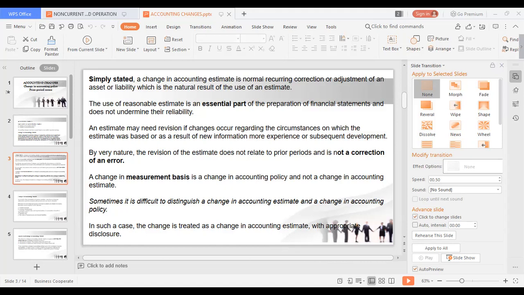If the same basis of calculating inventory obsolescence had been applied on December 31, 2019, the provision would have been 1.8 million higher than the amount recognized in the statement of comprehensive income. What adjustment should be made to net income of 2020?